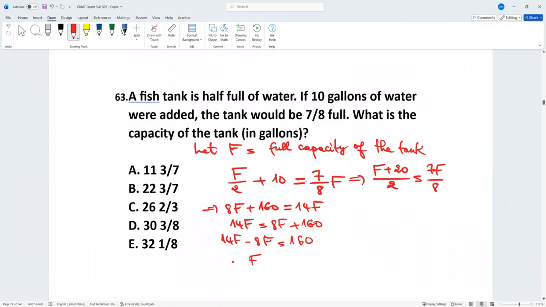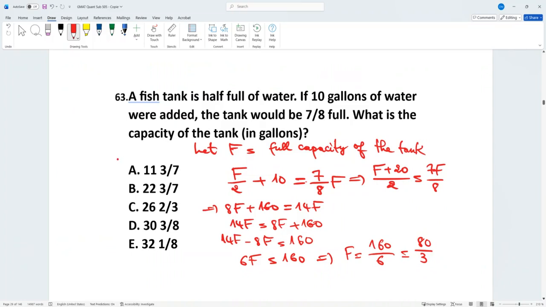This will give us 6F equal to 160, and then F will be equal to 160 over 6, and this will be equal to 80 over 3. Okay, so 80 over 3.